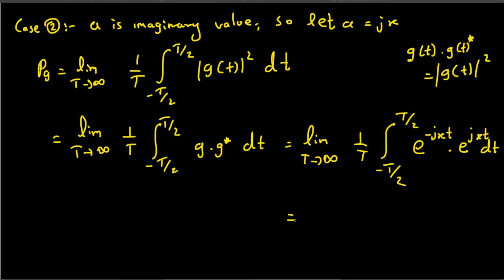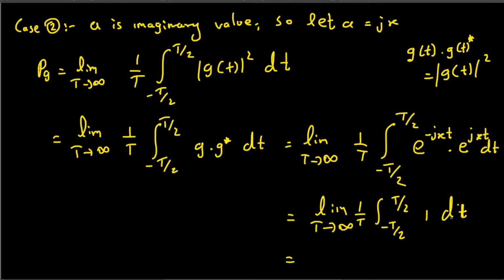Now from this one, you can clearly see that when we multiply the powers, they will add. So this is going to become plus minus, and this is going to become e power 0. Limit t approaches infinity, and then we are going to have integration from negative t by 2 to t by 2 of e power 0, which is 1, dt, and then this is 1 over t.